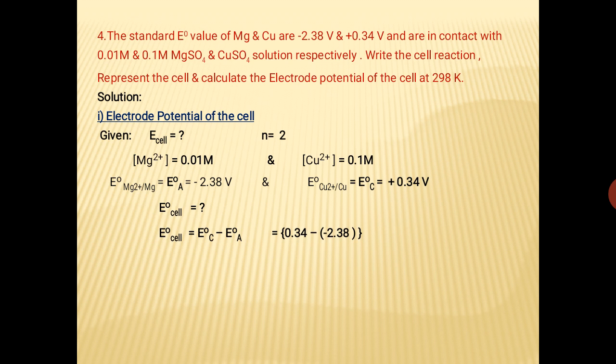Here E0C is 0.34 volts, and E0A is minus 2.38 volts. After substituting the values, we get the E0 cell value, that is 2.72 volts. This is not it, students. Here we only got the E0 cell value.